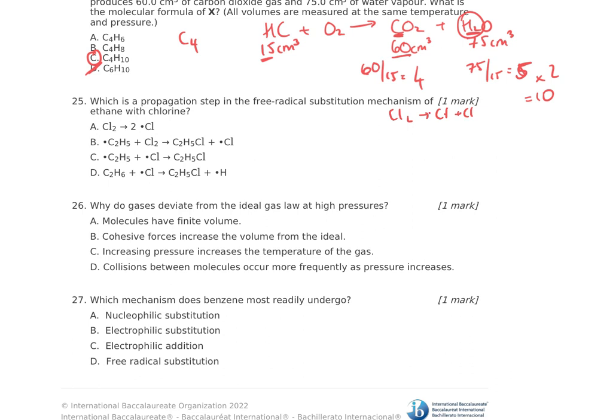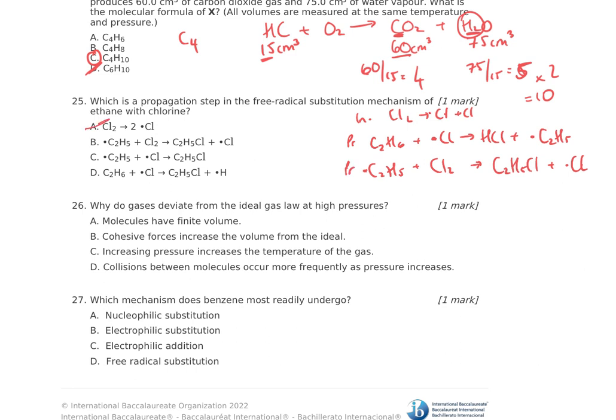So the propagation step is either going to be ethane, C2H6, plus a chlorine free radical, making HCl and our C2H5 free radical, or it's going to be our C2H5 free radical reacting with chlorine to make C2H5Cl and a chlorine free radical. So this would be our first propagation, our second. It doesn't ask for first or second.